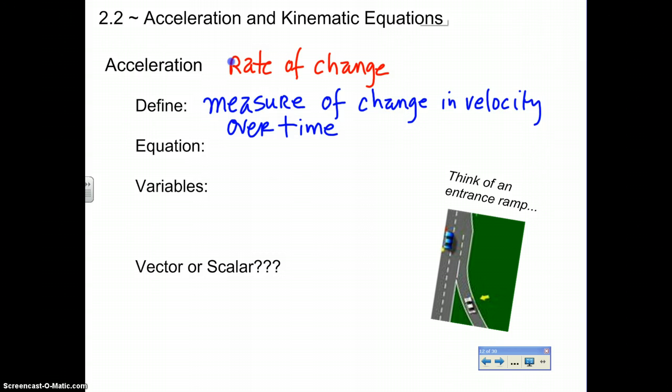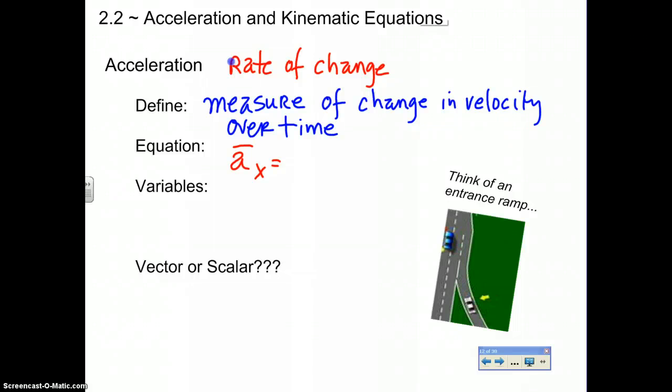So, just taking what we just described there as it being a measure of a change in velocity, first of all, we want to say that acceleration, we're going to use the letter A for. And I'm going to go ahead and talk about average acceleration.